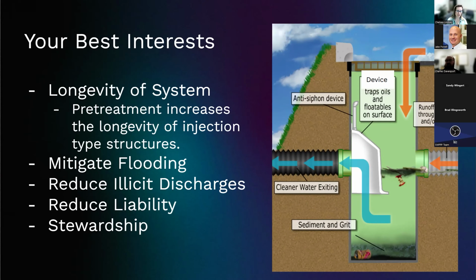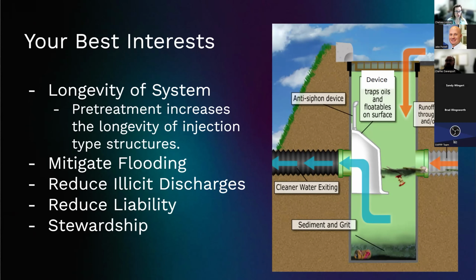Any floatables such as trash, grocery bags, whatever, an apple core, are going to float on top, and then that snout or the elbow comes down, and the clean water in the middle is what gets injected or moved along in your system, whether that's to a grass swale or an injection type structure such as StormTech chambers or a sump. So those white elbows, they can be black, are there to help pre-treat the water before it goes further. And then that debris can be removed without harming further facilities down that line.